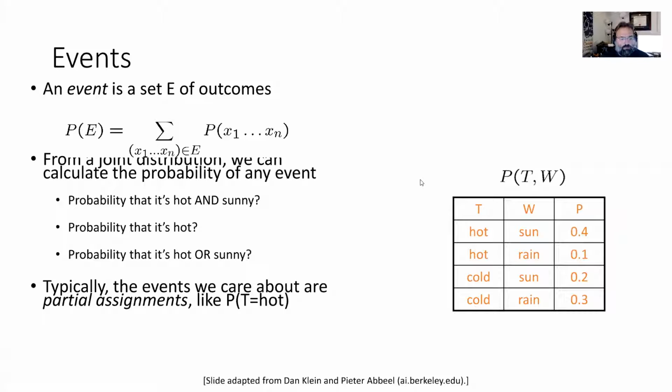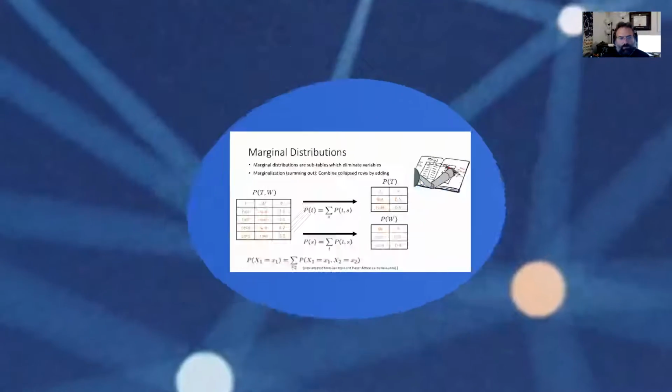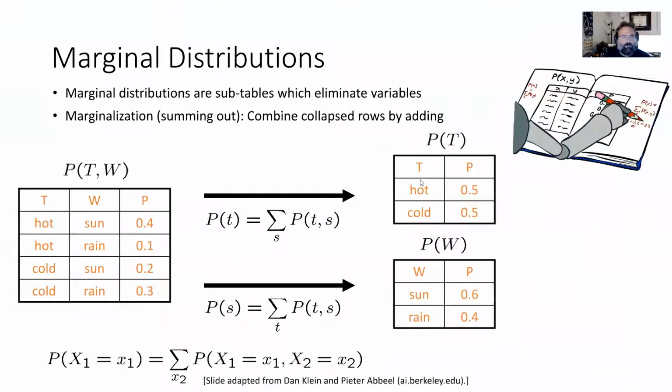And so on. So the key notation there is the probability of T comma W. Those are a joint distribution. Well, there's also the concept of a marginal distribution, which is basically a way of summing out or collapsing the rows, and typically it's just simple arithmetic.